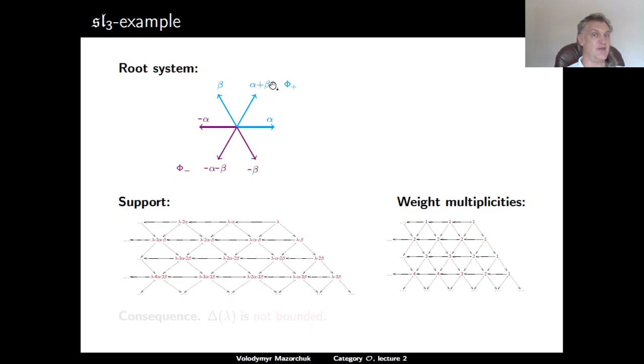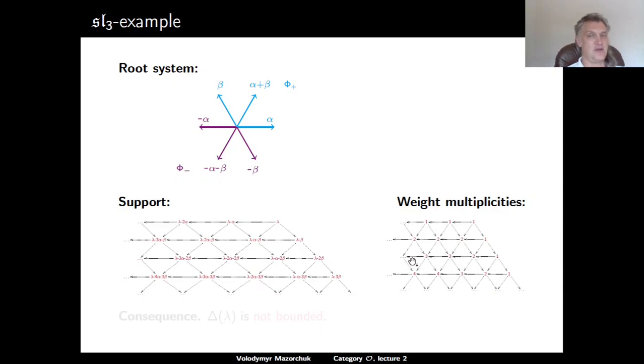First of all, as α + β, and second, as the single root α + β. So the weight multiplicity of this subspace in the Verma module is 2. And similarly, one sees that the second line along the edge has all weight multiplicities equal to 2.